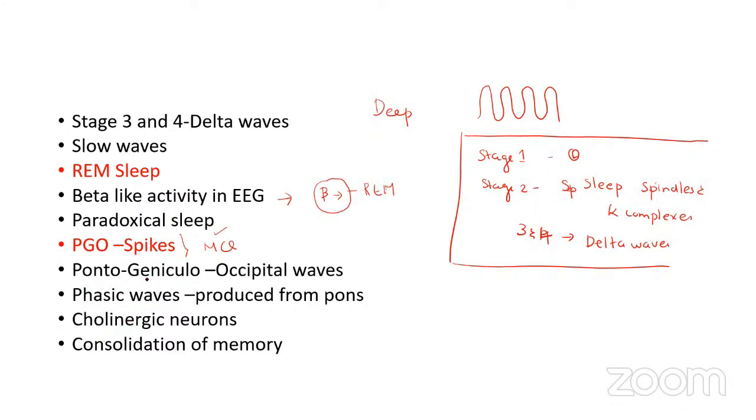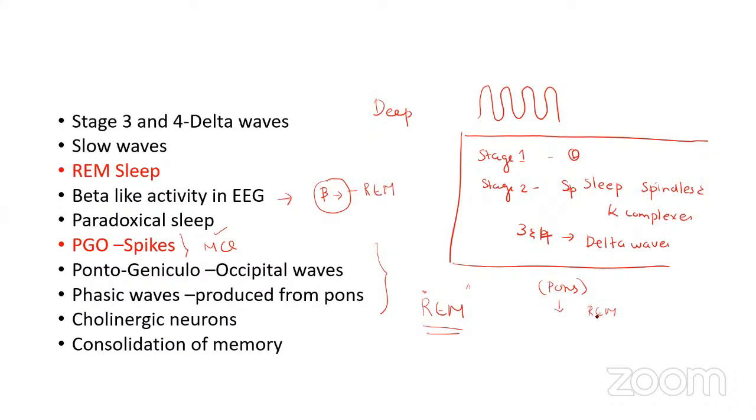So we get PGO spikes in which stage of sleep? It is REM sleep. PGO spikes are phasic waves arising from the pons. We get them in REM sleep.